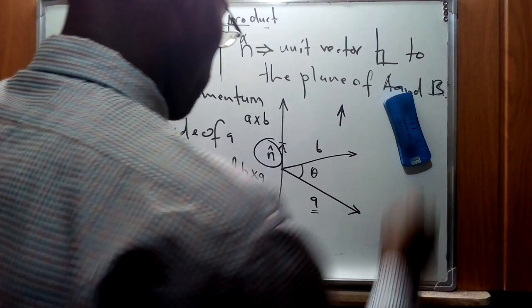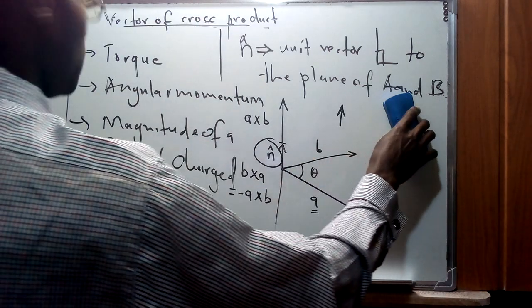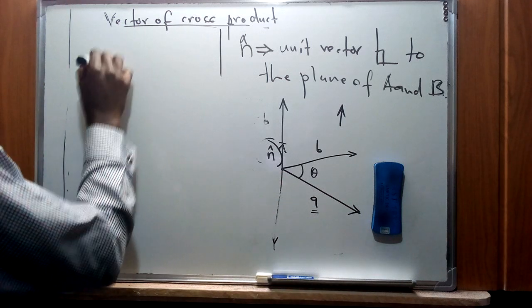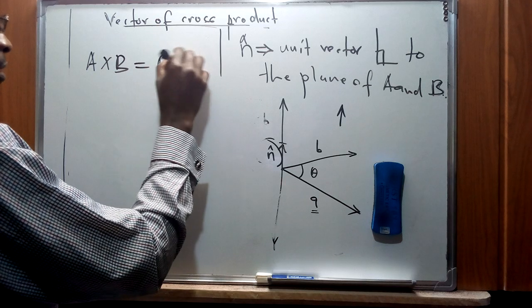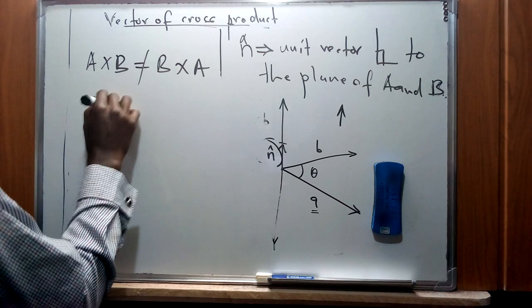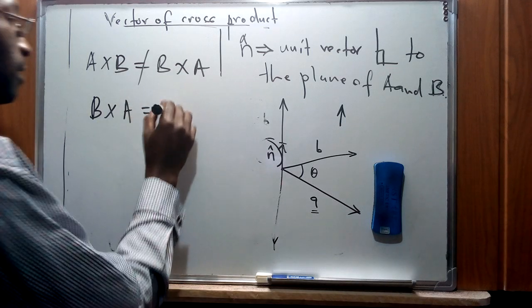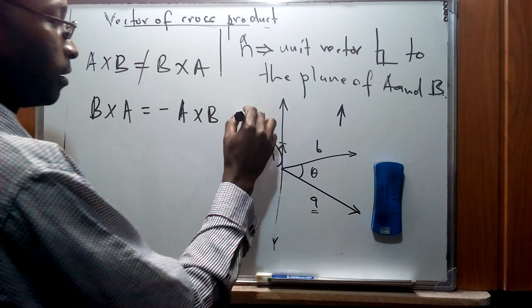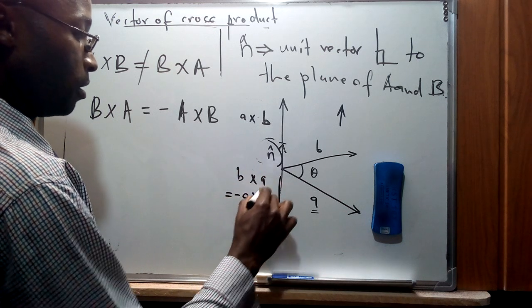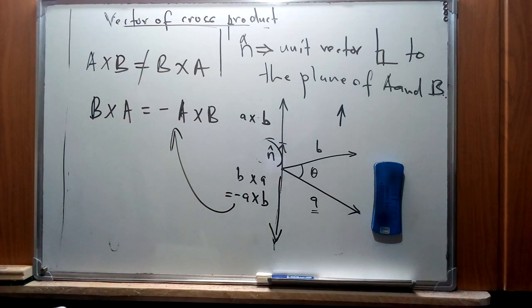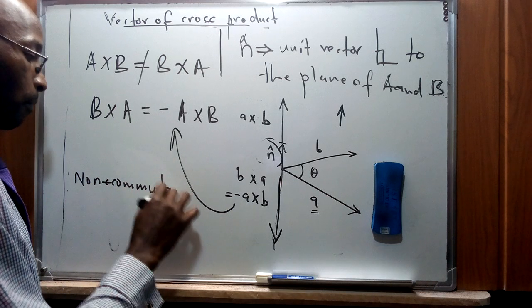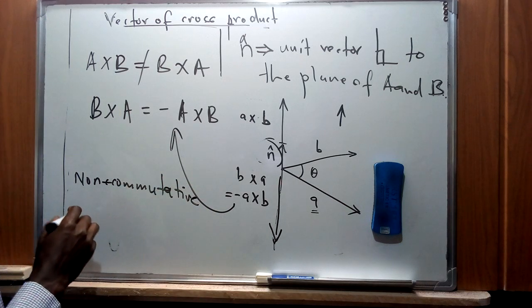So for the order of cross product of vectors, in this case, we're going to see that it's non-commutative, in a way that if I have vector A and B, then this is one of the properties that we are going to experience, whereby A cross B is not going to behave the same as B cross A. But we are going to see that B cross A is going to behave as negative A cross B, as we have already illustrated in one of the demonstrations of this figure that we had indicated, whereby we say B cross A is equal to negative A cross B. So therefore, this is the non-commutative property of this vector cross product.